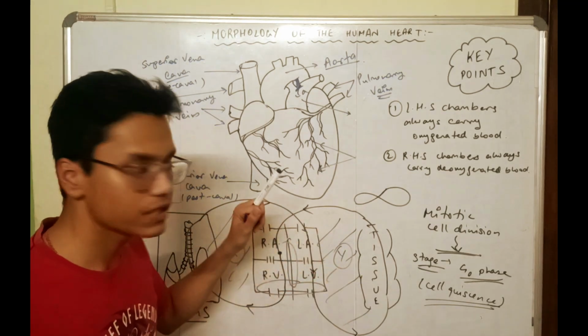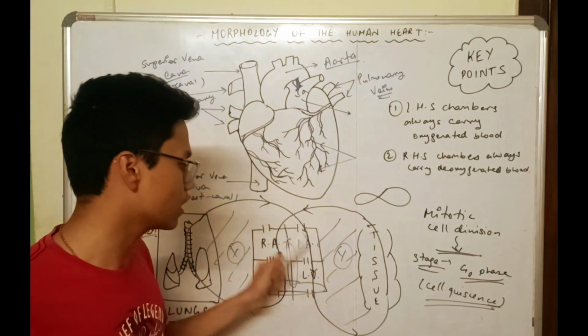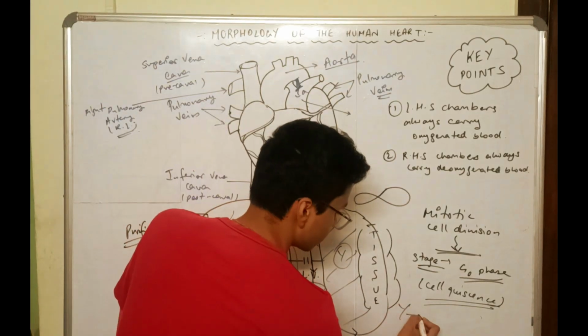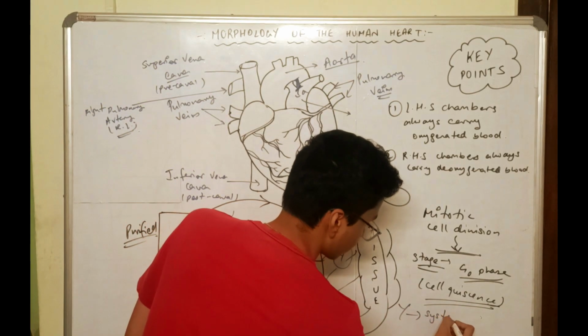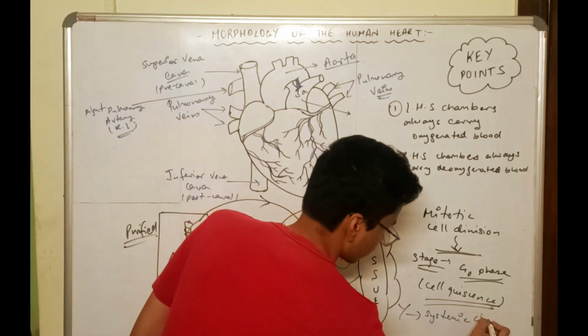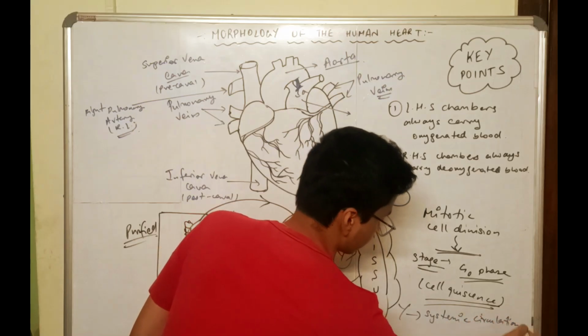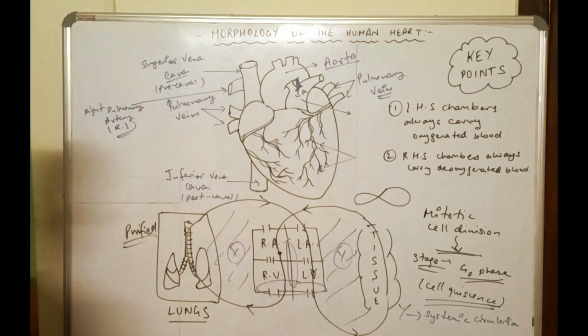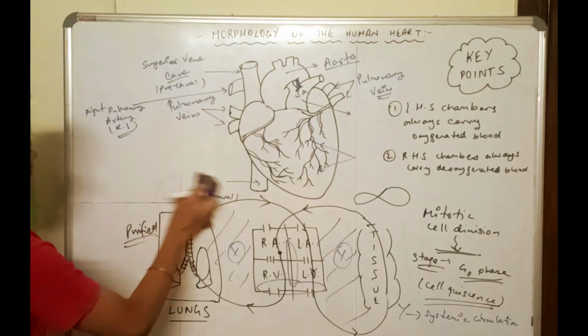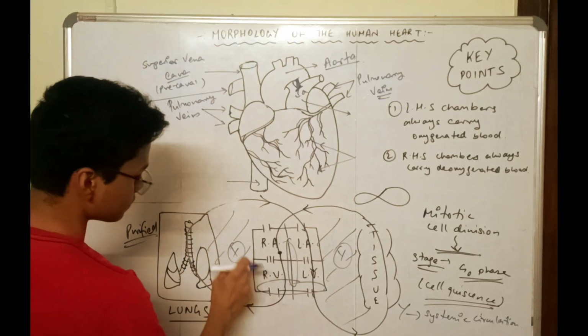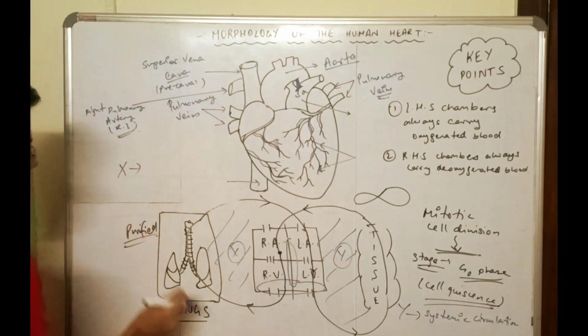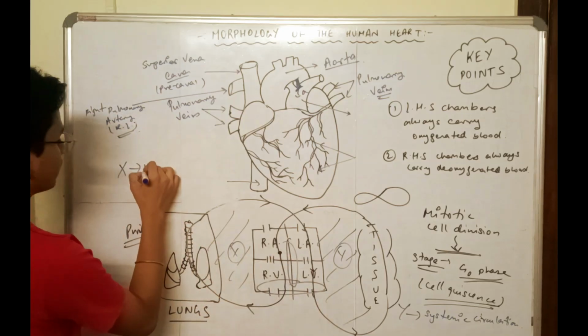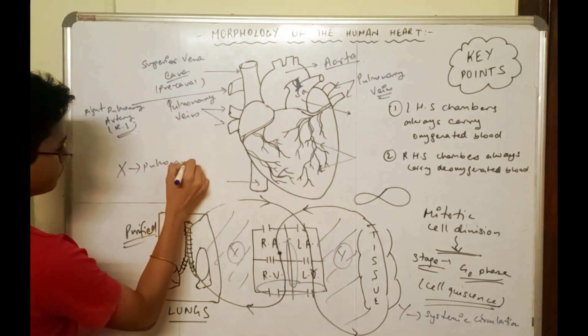In this area, the circulation is happening between the tissue and the heart. Y is termed as systemic circulation. And X over here, okay, I'm just going to rub out this area to make space. This X, that is the circulation happening between the lungs and the heart. It is called pulmonary circulation.